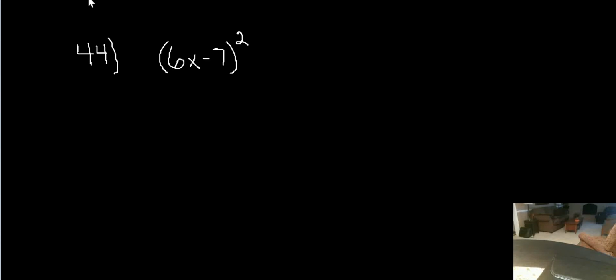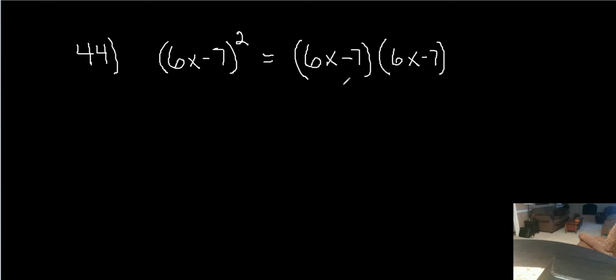How about number 44? We talked about this in class, and by definition, this means 6x minus 7 times 6x minus 7. Two of them, right? Break it up into two, and then I can see I'm going to FOIL this.